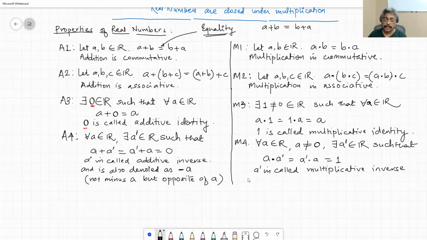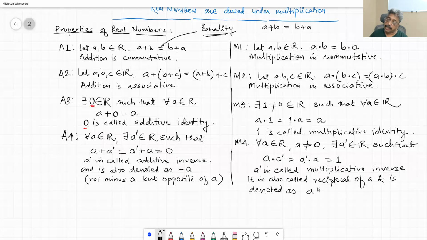It is also called reciprocal of A and is denoted as A raised to minus 1.